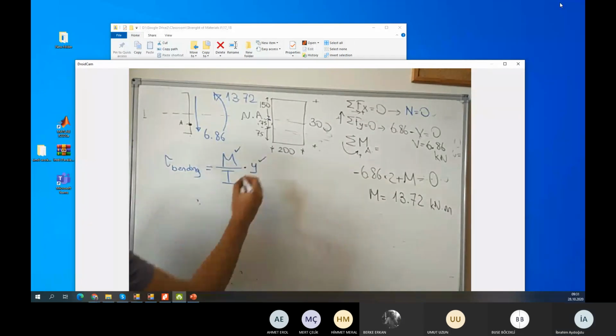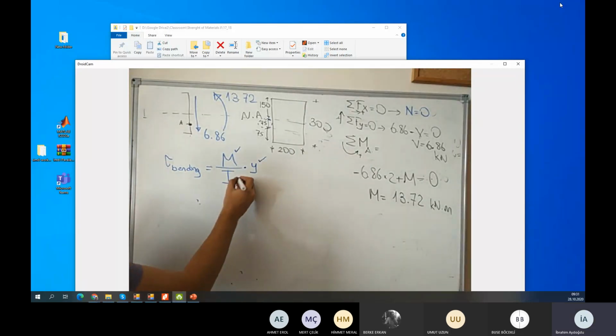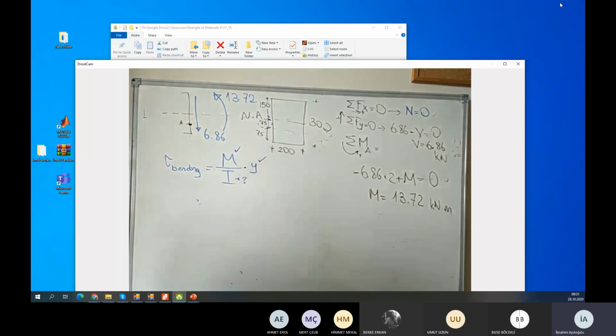So I can easily calculate y. Just one term I need to calculate: the moment of inertia. Can I calculate? Yes. So now I can calculate it right now. So I want to write the question mark. Any problem up to here?